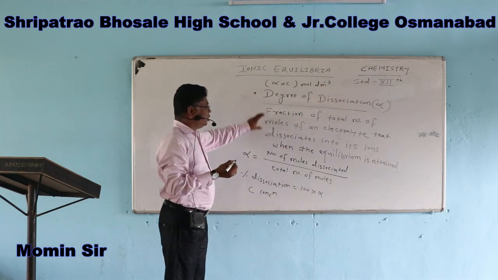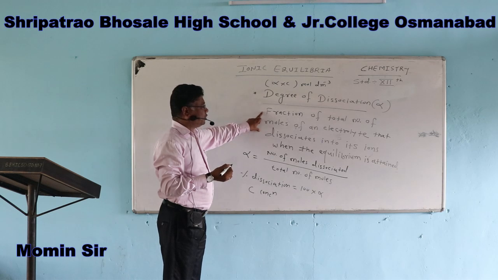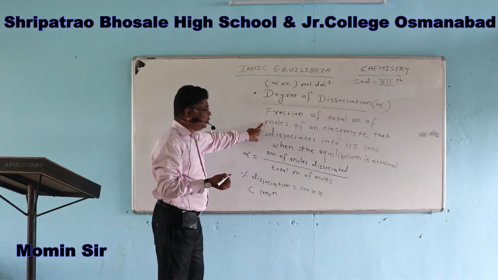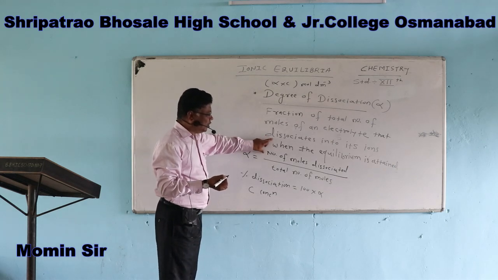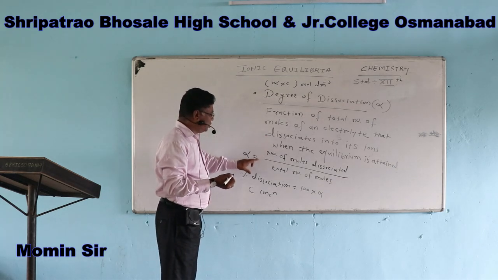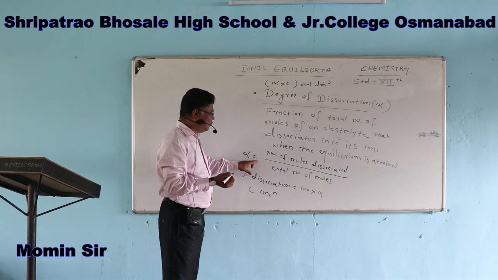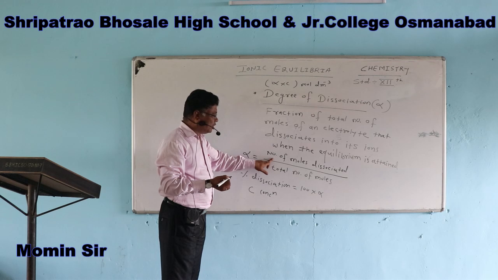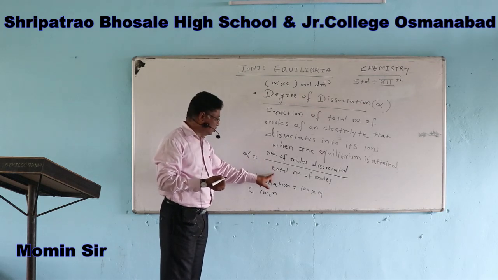So, degree of dissociation is the fraction of total number of moles of an electrolyte that dissociates into its ions when the equilibrium is attained. Alpha is given by the formula number of moles dissociated upon total number of moles.